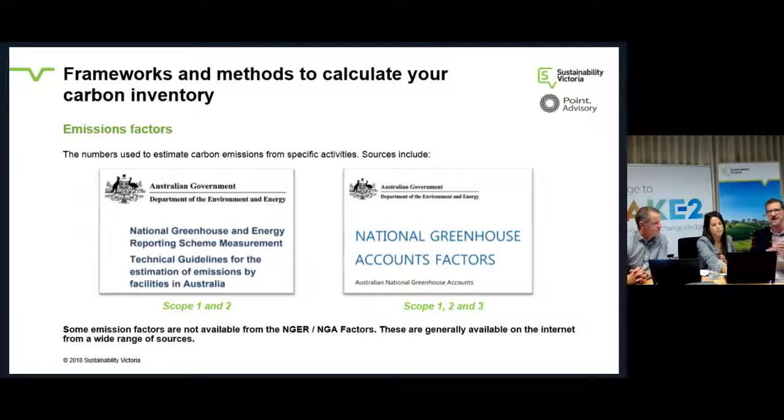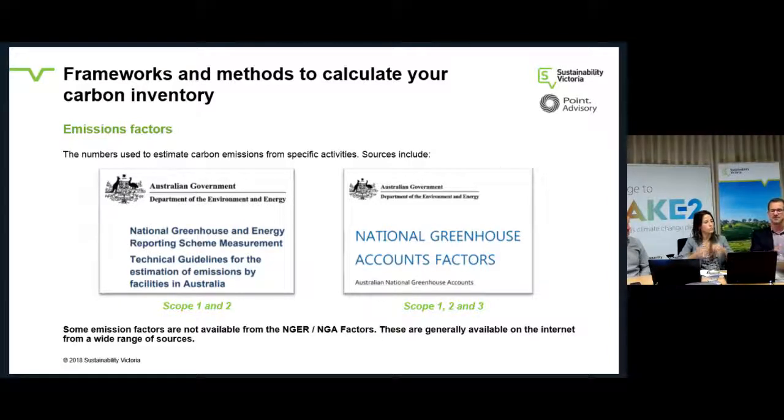It's a bit of a technical point, but the NGA factors are a simplification of the NGER measurement determination. One example is landfill gas. In the NGA factors, the main methodology is a fairly blunt emissions factor for tonnes of waste generated, whereas under NGER, solid waste emissions involve a very detailed five-page process of inputting weighbridge data and different proportions of municipal solid waste versus C&I versus C&D waste, and it gets quite technical.